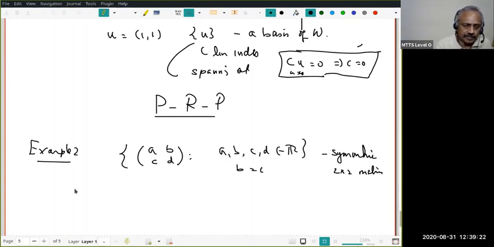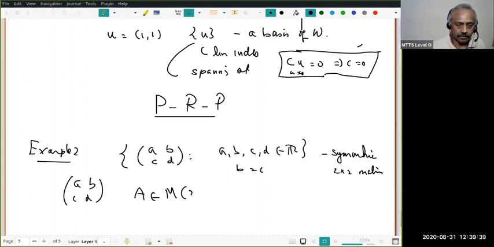If you give me an arbitrary matrix (A, B; C, D) in a 2 by 2 matrix space, A could be anything, B could be any real number, C could be any real number, D could be any real number. So I need essentially 4 coordinates to describe any vector A in the 2 by 2 real matrices. It needs 4 coordinates.